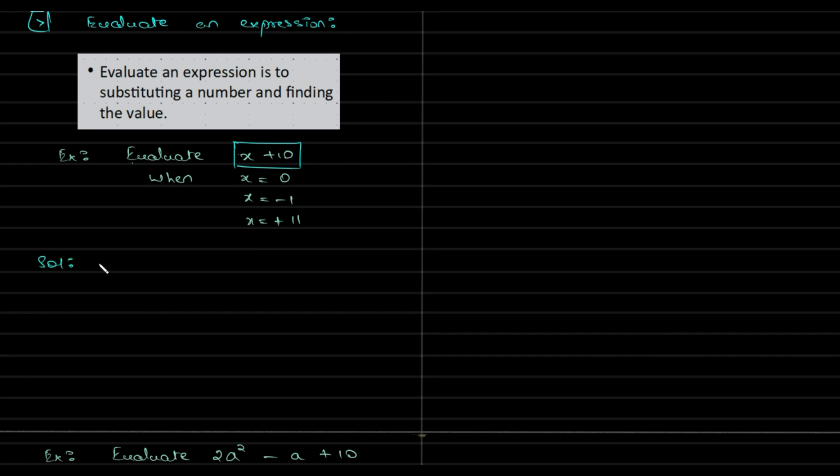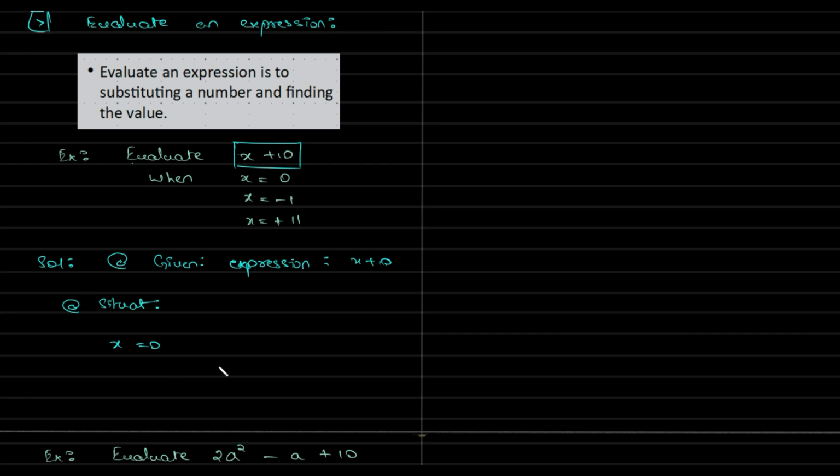So the expression is x plus 10, right? It's given that the expression is x plus 10, and we are looking at situations wherein x is equal to 0. So what should I do?